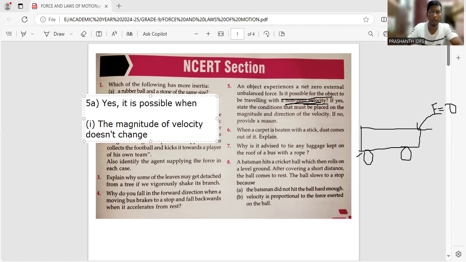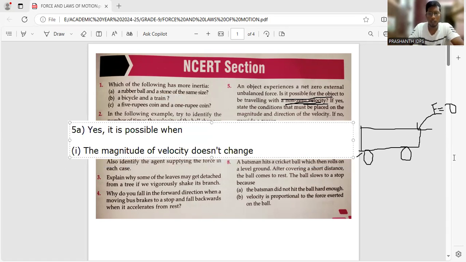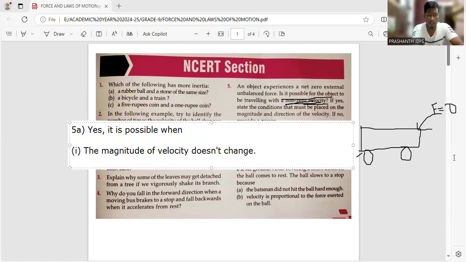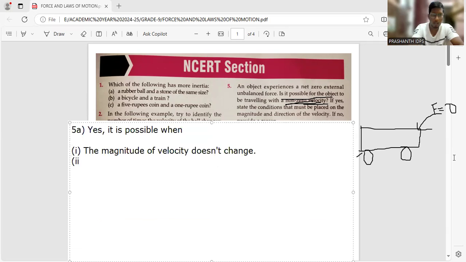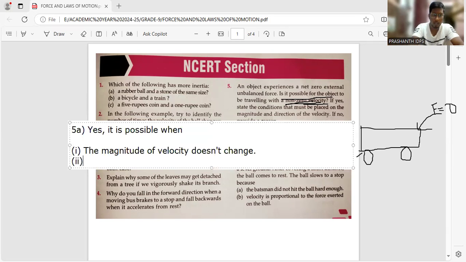Magnitude means value. If the value does not change, what happens? The bus will go with a uniform speed, or uniform velocity. Yes or no? That is what he's asking, non-zero velocity. It will go with a non-zero velocity. And the second answer, you note down. Second answer.